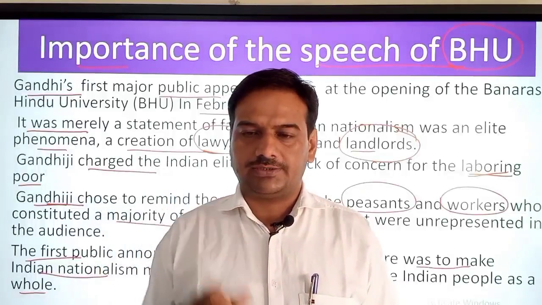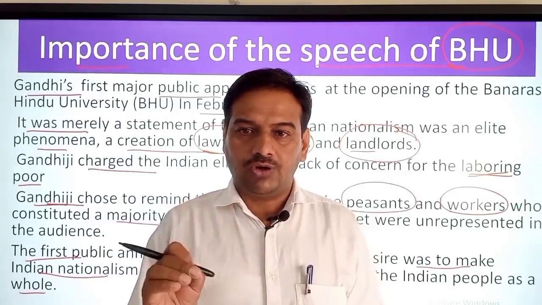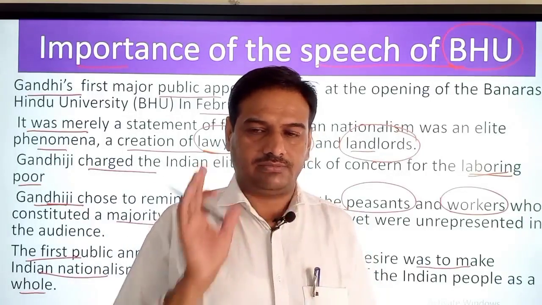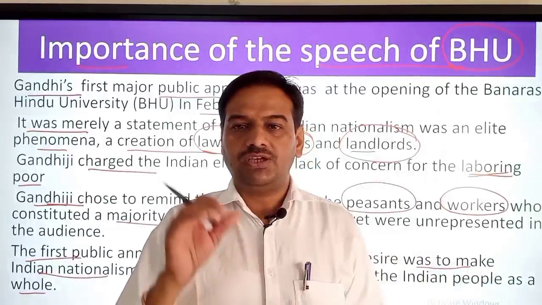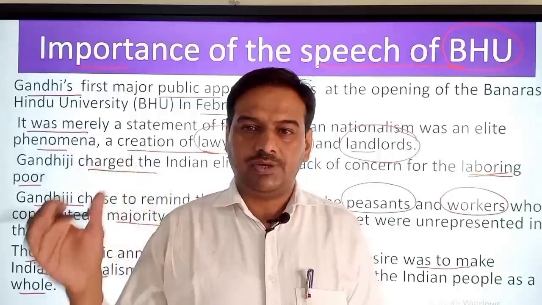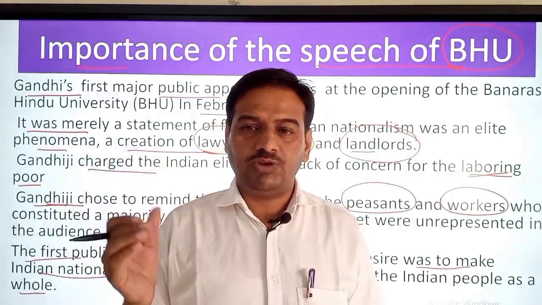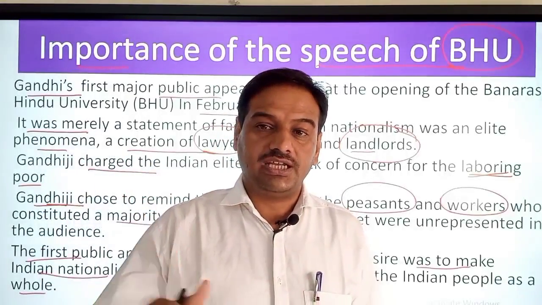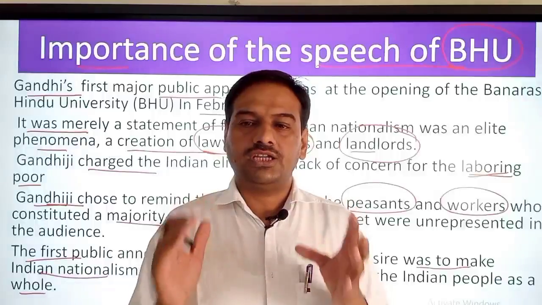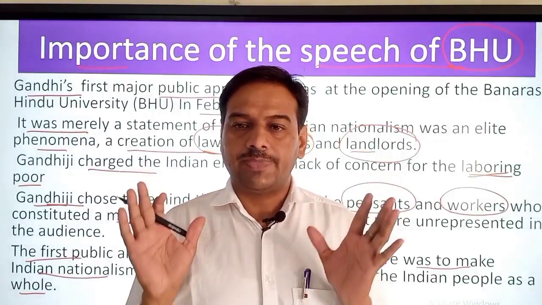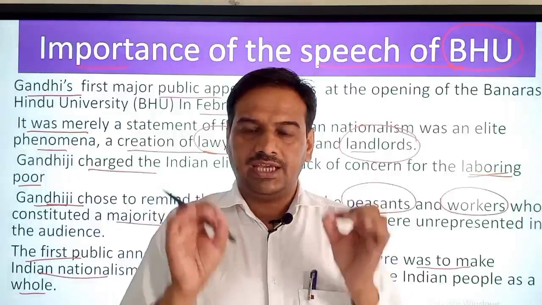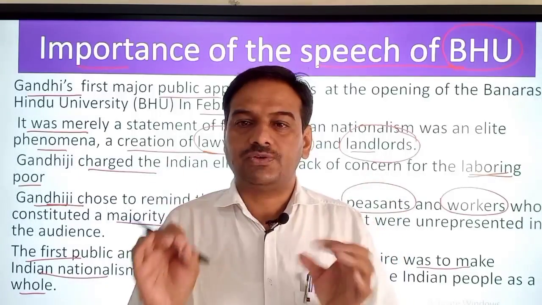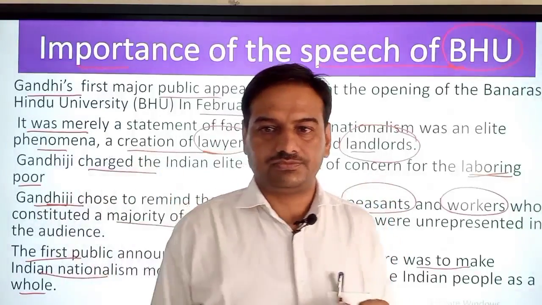And he thought that without involving these lower class, peasant class people, we cannot achieve independence. He said that we cannot achieve independence for the next 100 years if we do not involve these people in the freedom struggle. So their absence from that gathering was unfortunate, according to Mahatma Gandhi.